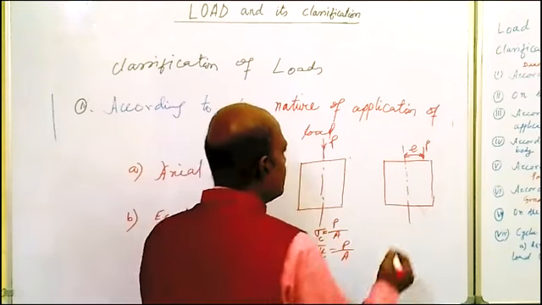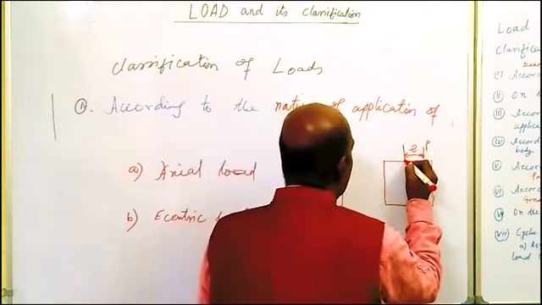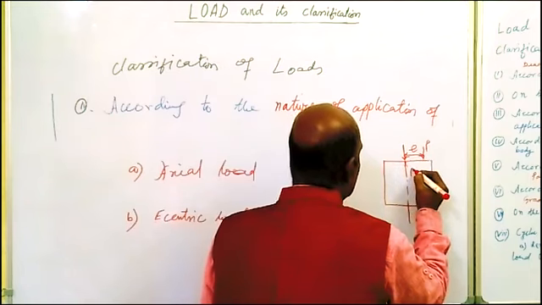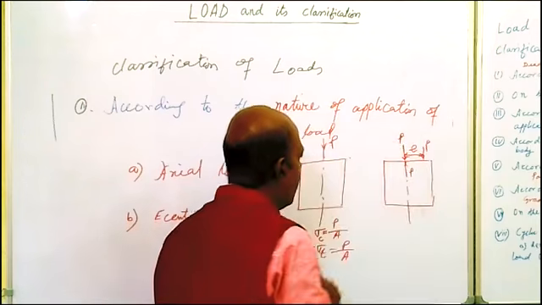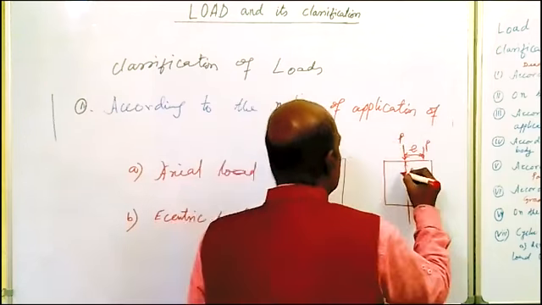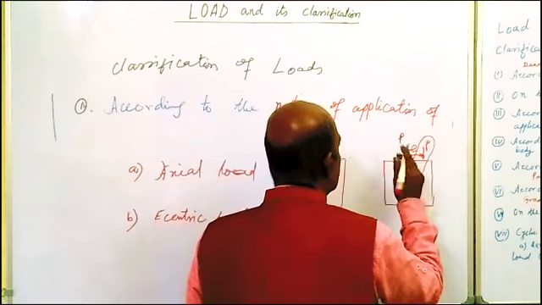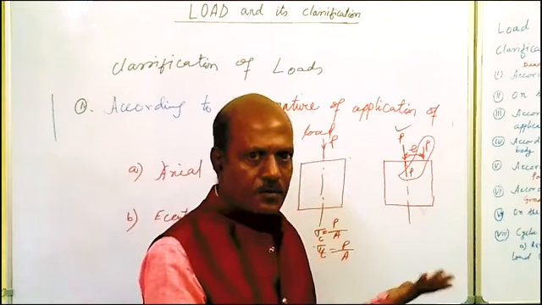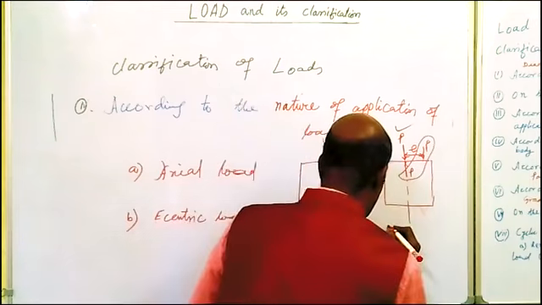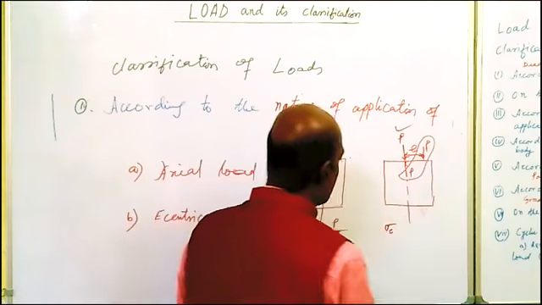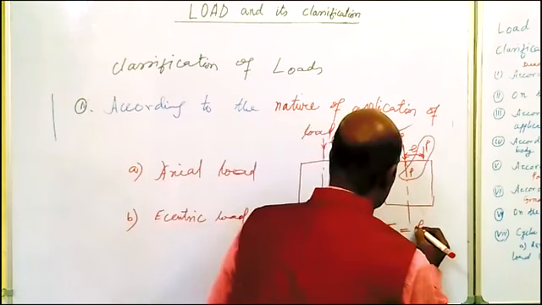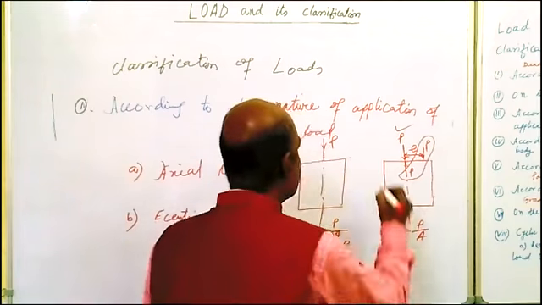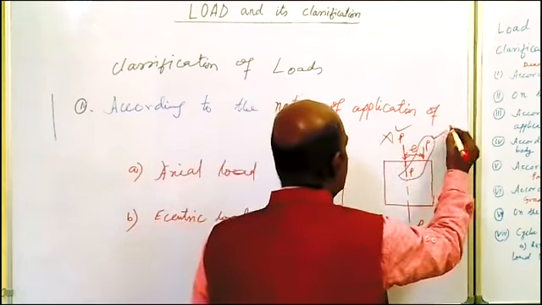Now because of this P, what is the effect produced in the body? Let's consider that we apply two equal and opposite forces equal to P at the axis. Now forget this 2P, consider this P. This P is acting through the axis of the member, so it will produce the direct compressive stress equal to P by A. Now forget this and consider the other.